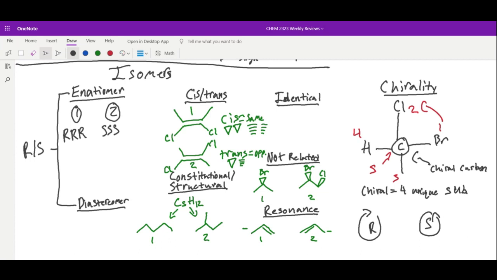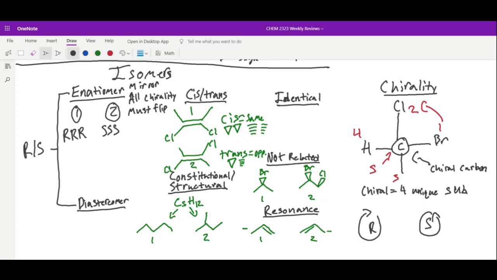An enantiomer is essentially a mirror image. So all chirality must flip.